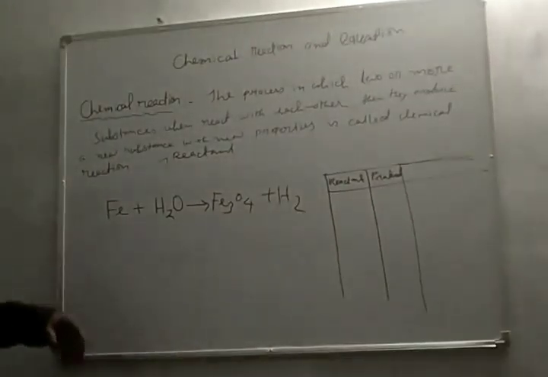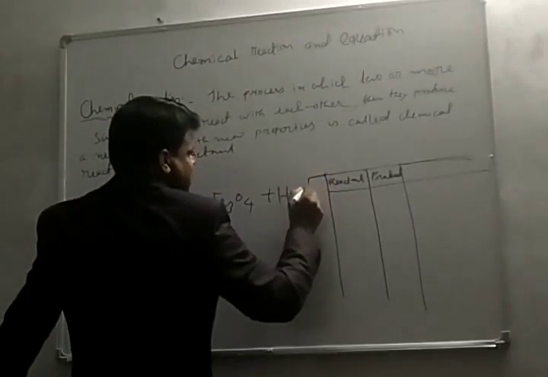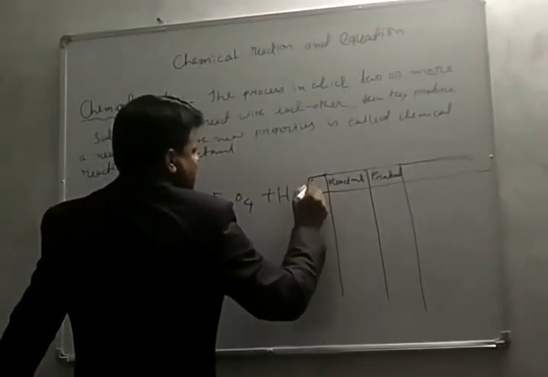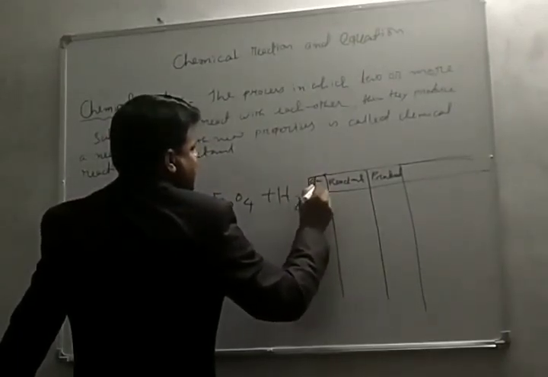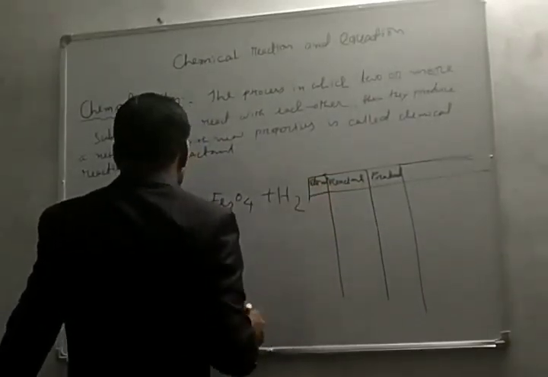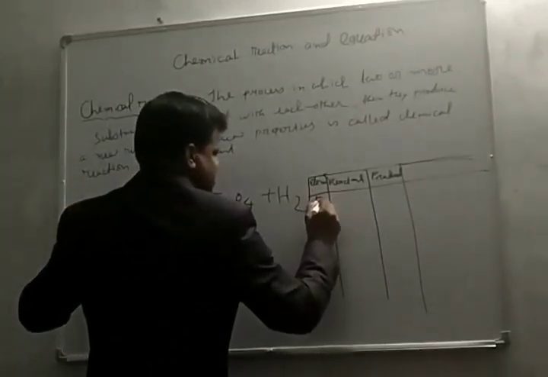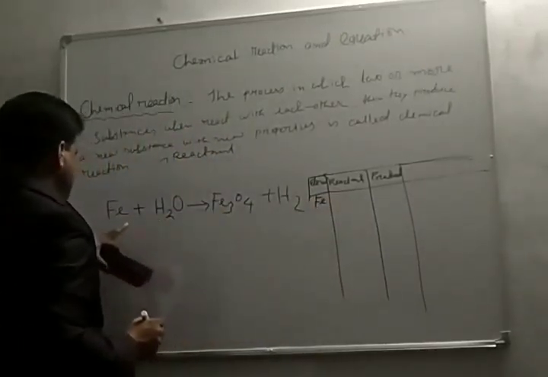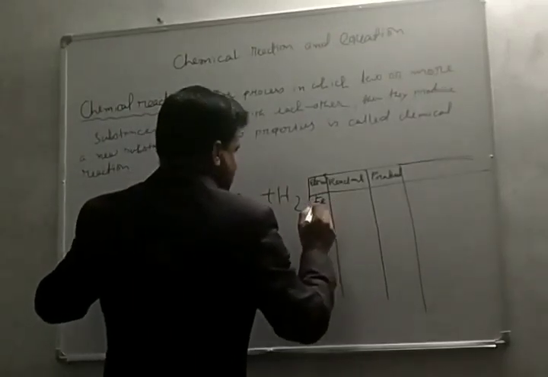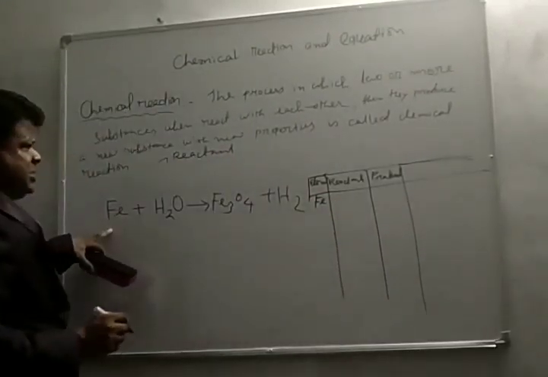Now here you will see, in the reactant, first of all you have to write the elements. So in the reactant, what is the first element? Fe. How many iron are in the reactant part? 1 iron.